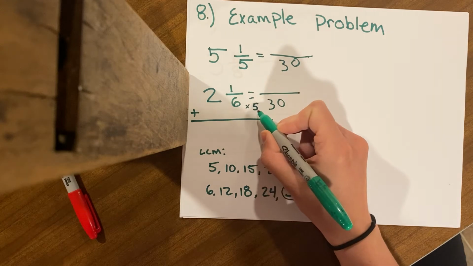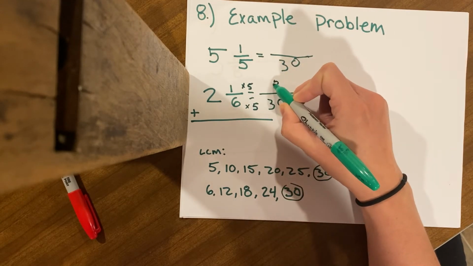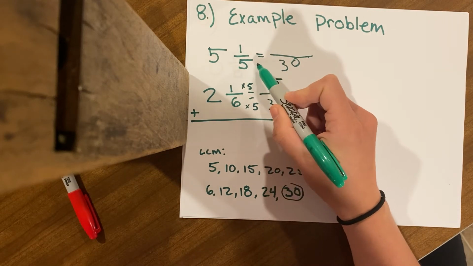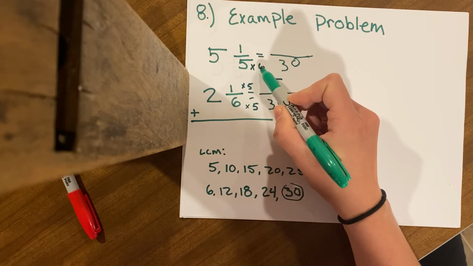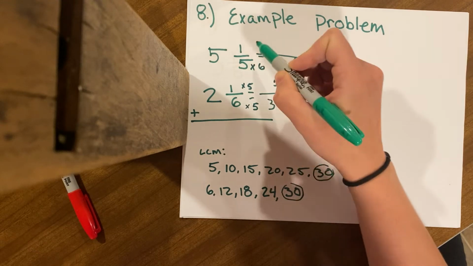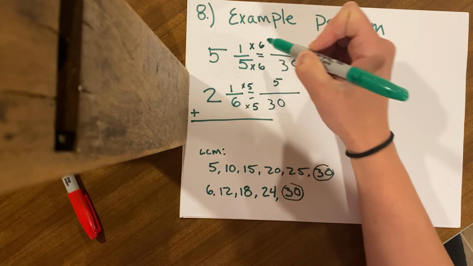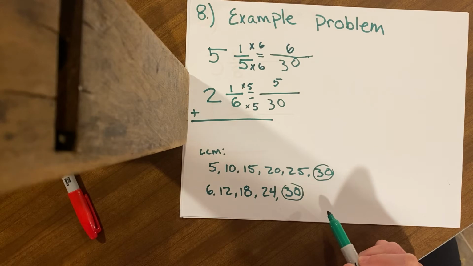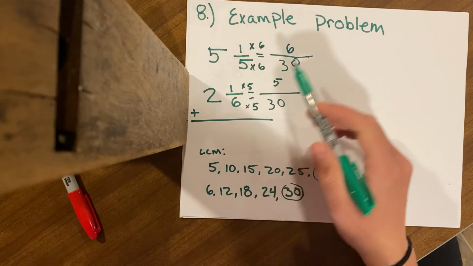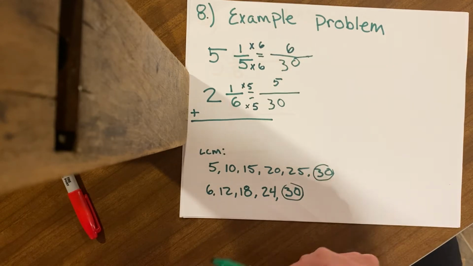Whatever we do to the bottom, we do to the top. 1 times 5 is 5. 5 times what gives us 30? 5 times 6 gives us 30. Whatever we do to the bottom, we do to the top. 1 times 6 gives us 6. Okay. So now what we've ended up with is 6/30 and 5/30.